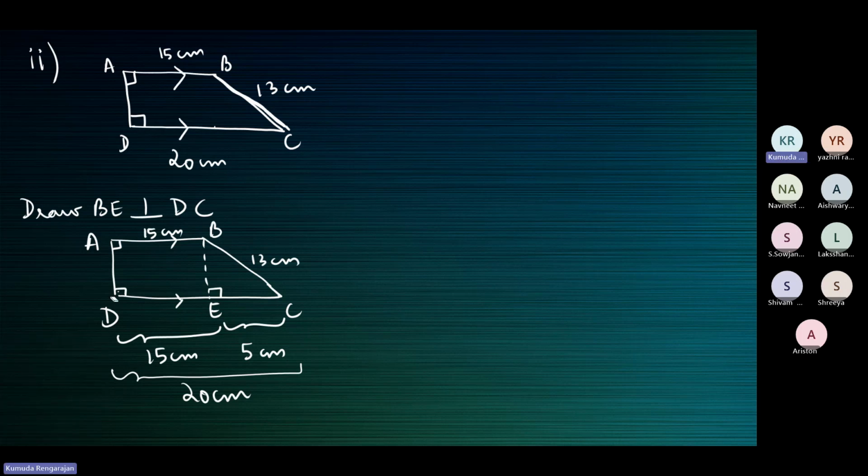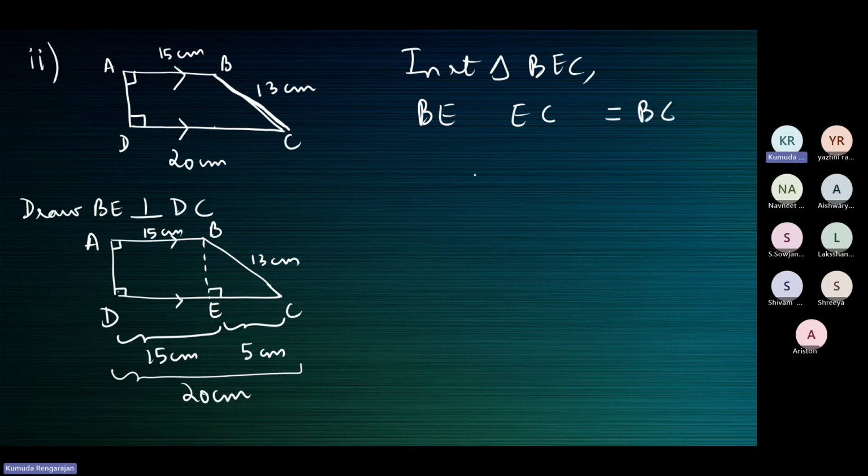Now, in right triangle BEC, by Pythagoras theorem, the three sides of the triangle BEC are BE, EC, and BC.